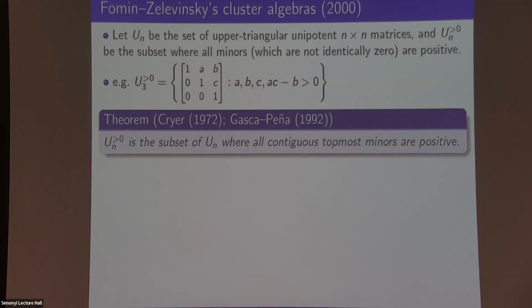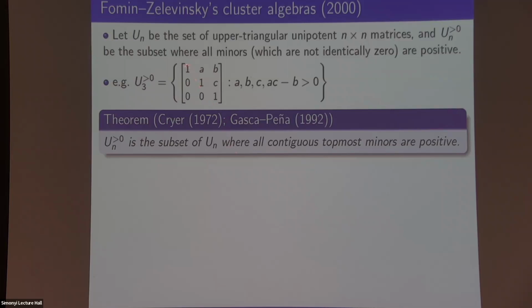And we have this nice classical result, which follows from work of Cryer and appears more explicitly in Gasca and Peña, that we don't have to test for total positivity here. We don't have to test all the minors. We only have to check the contiguous topmost minors, so minors which use a consecutive subset of columns and a top justified subset of rows.